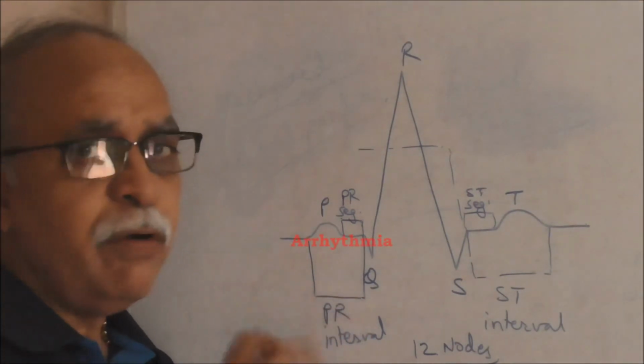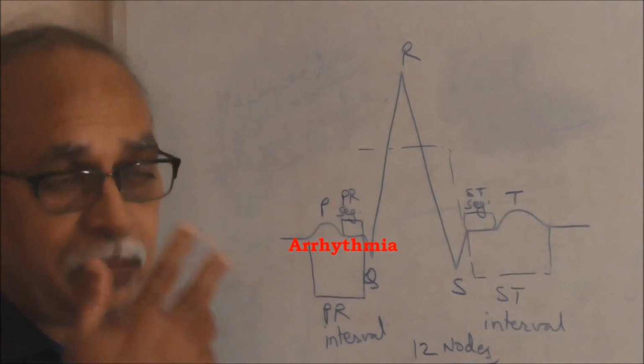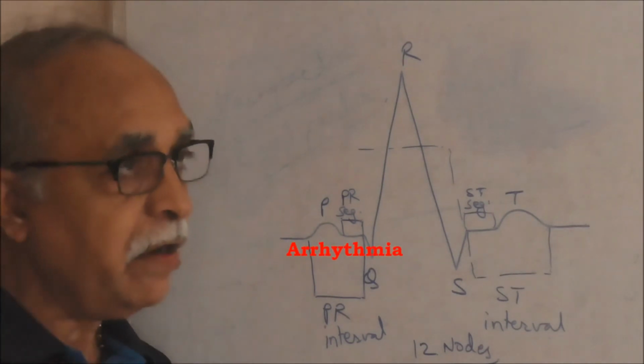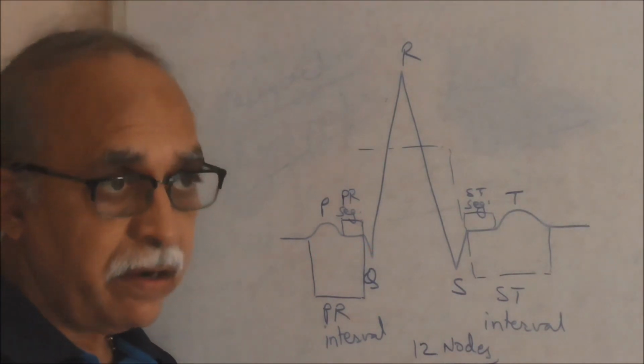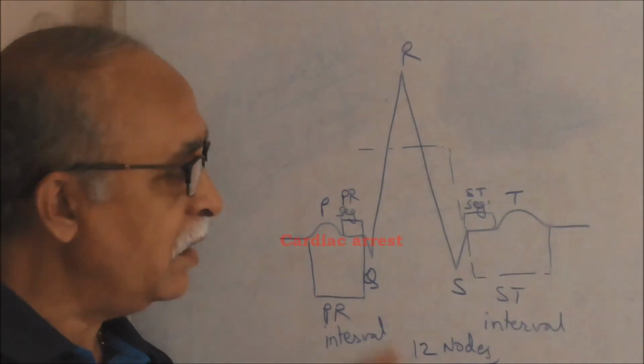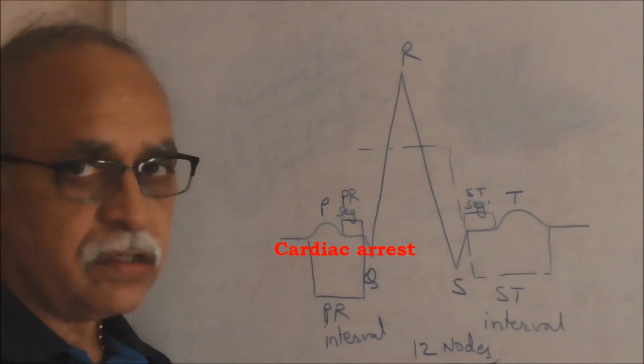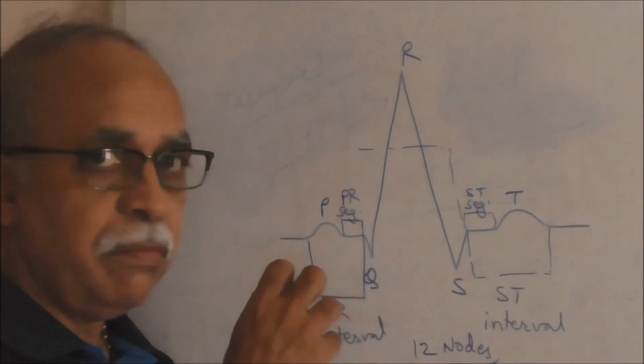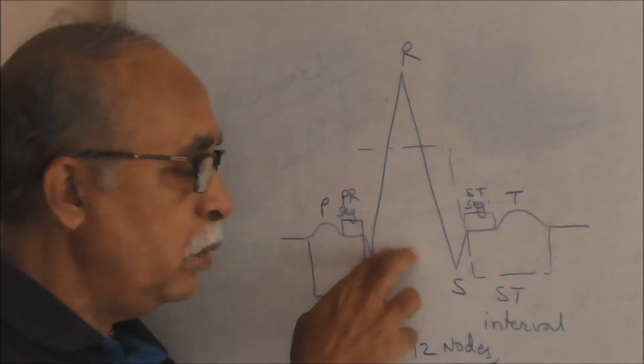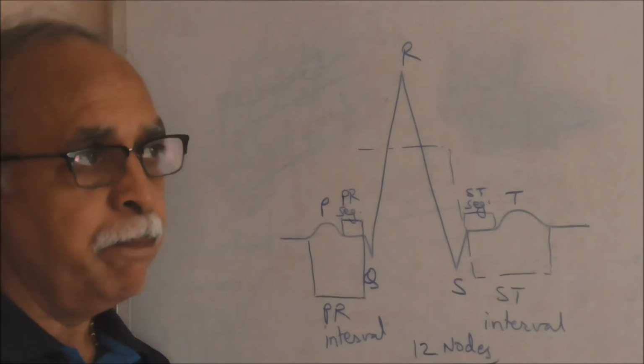Now, the rhythm of the heart can also be changed at times, and arrhythmia, you can call it, or cardiac arrest can be the result. That can be pre-detected before it results in any serious complication. It can be diagnosed with the help of electrocardiogram.